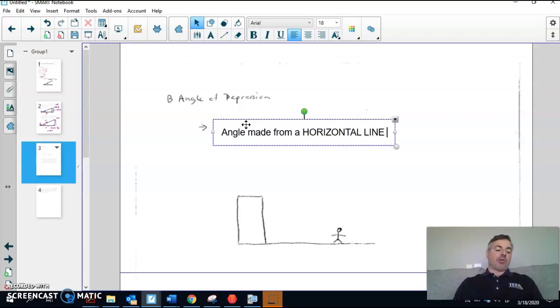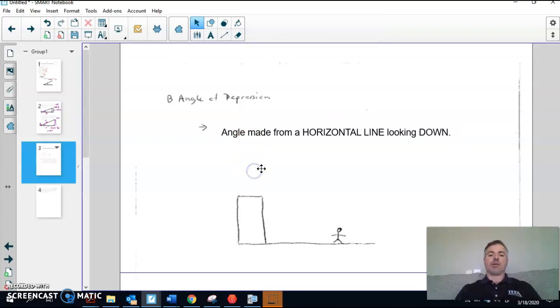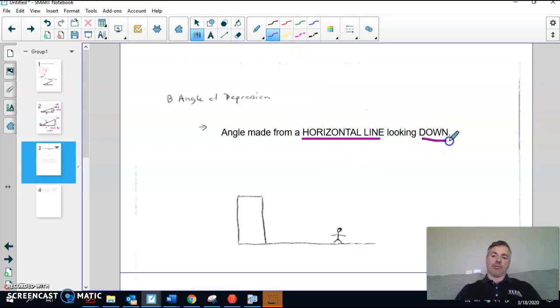But now, instead of looking up, you're going to be looking down. The important words here are horizontal line. It has to be made from a horizontal line, and it has to be looking down.